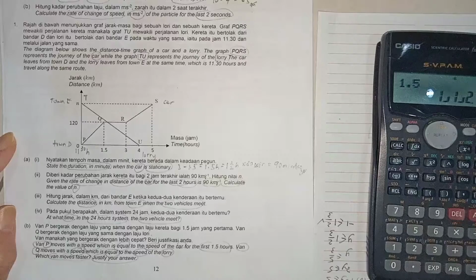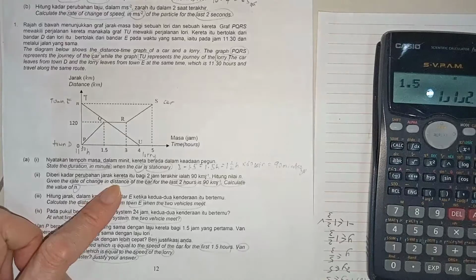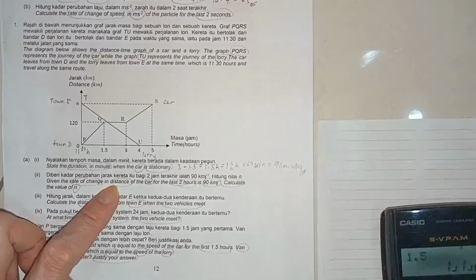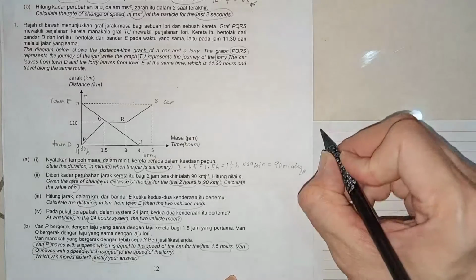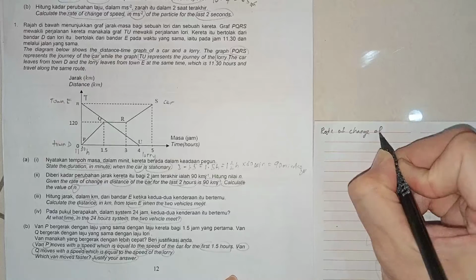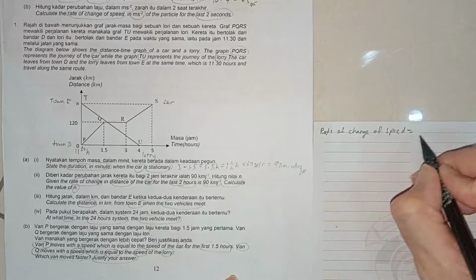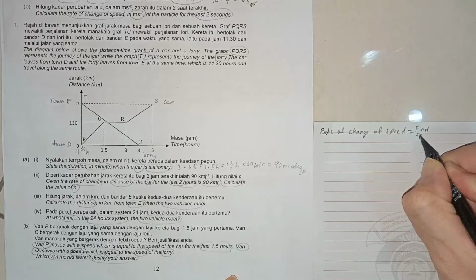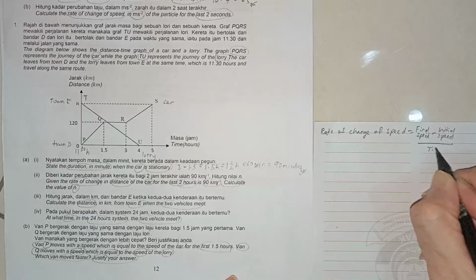Then we look at number 2. Number 2 says rate of change of distance. Before that, I don't know what rate of change of distance is. I only know what rate of change of speed is, that is what I learned. Just now I already mentioned: change of speed is final speed minus initial speed, then divided by time.